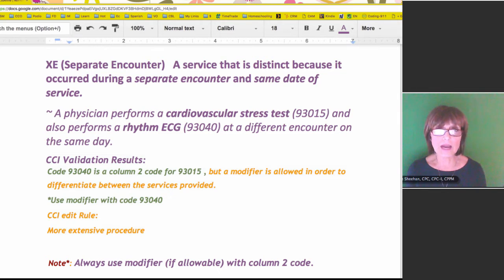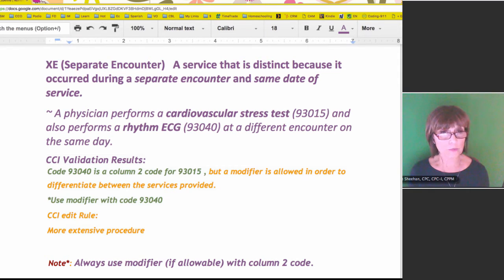I extracted different examples from different payer sites and from Medicare, just to give you an example. A physician performs a cardiovascular stress test and also a rhythm ECG at a different encounter on the same day. I took these two procedure codes and entered them into supercoder.com.